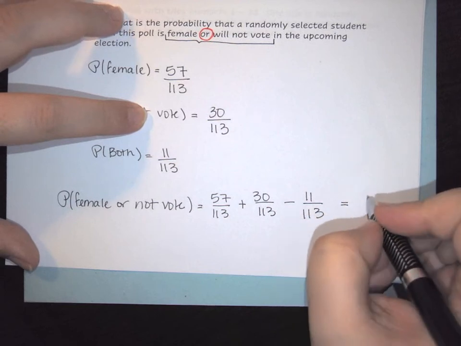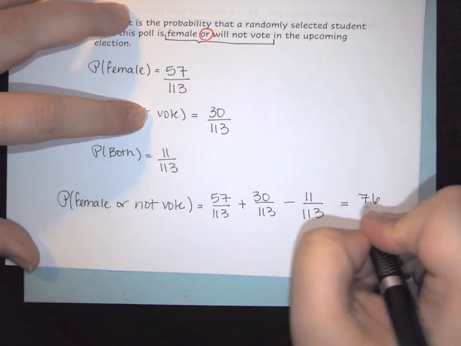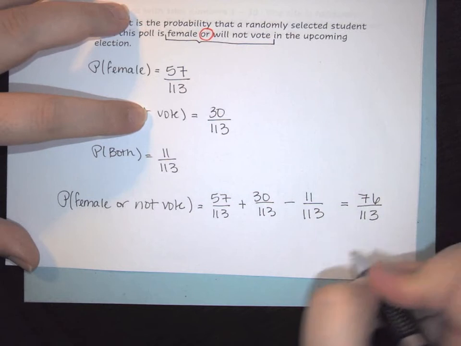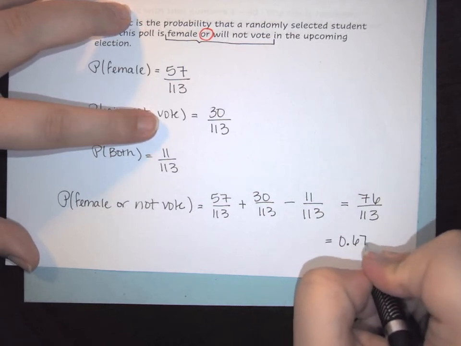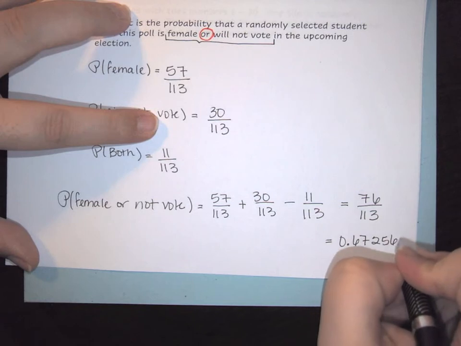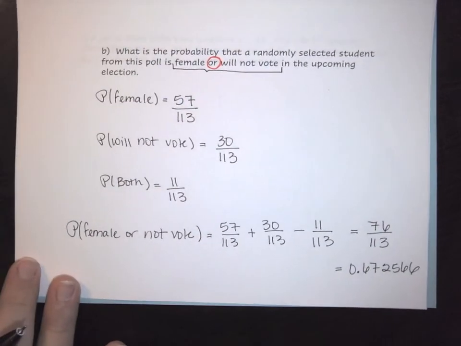So this is going to give me a total of 76 out of 113 for my probability, which is 0.672566 as our probability count.